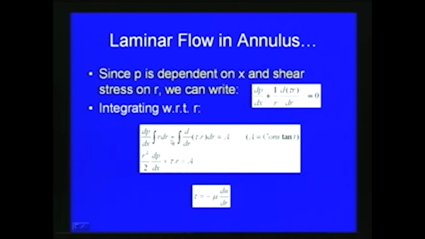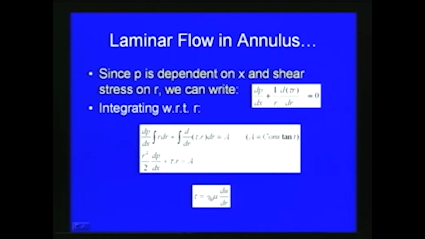So if we integrate this, here we have to put a constant A, and we can write r square by 2 into dP by dx plus tau into r is equal to A. Now this constant A we have to find from the boundary conditions for this particular problem. Here we substitute tau is equal to minus mu into du by dr, since the minus sign is used as the shear stress is increasing in the direction of the pipe wall.